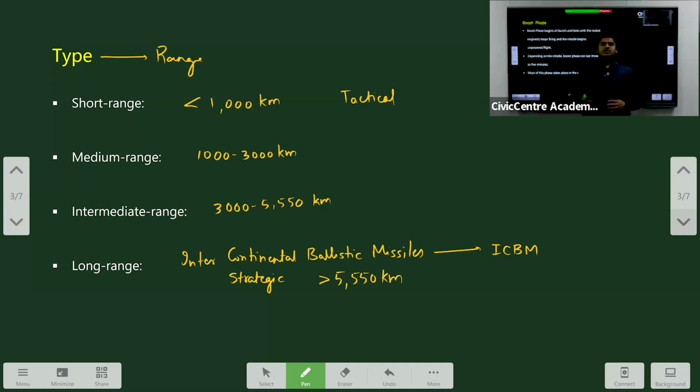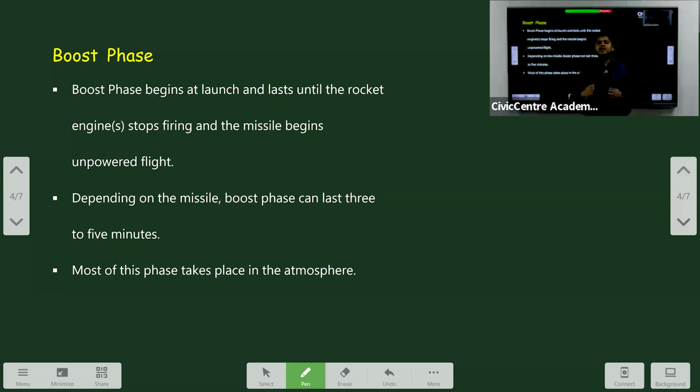Now, moving forward, once the missile is fired, you can categorize the path of the missile into three stages. The first stage is the boost phase. What is the main thing in a ballistic missile? I told you that initially there is going to be a boost up to a certain phase, but later it is going to reach the maximum height.